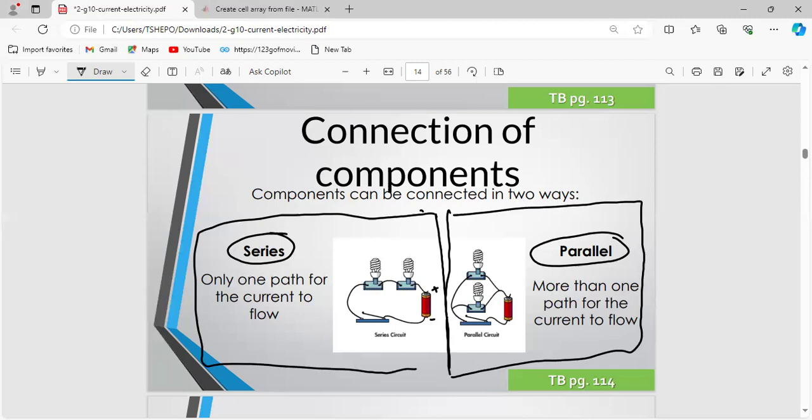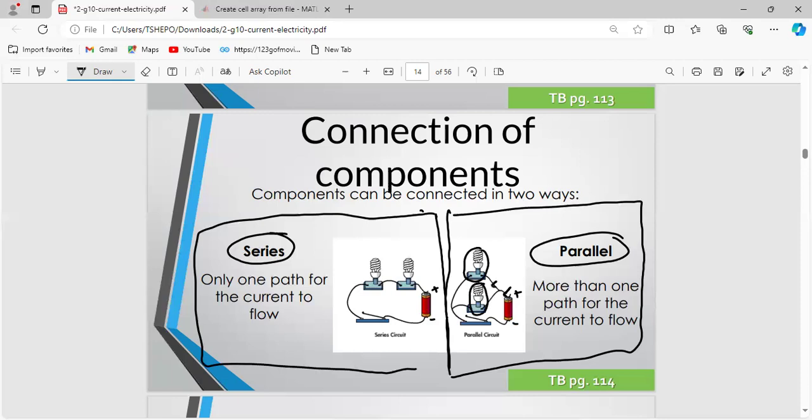Now let's have a look at the parallel circuit. Now remember, here we have the positive terminal, and then there we have the negative terminal. Now have a look at this circuit, right? A current will flow from here, from the positive terminal. But now I want you to understand that because we have a light bulb this side, which is this, and we also have a light bulb this side, which is that, look what's going to happen.